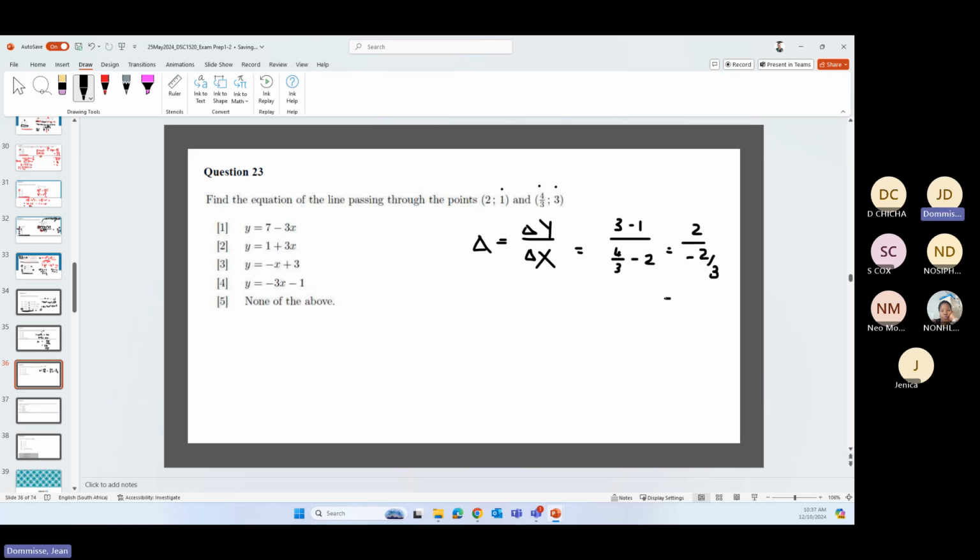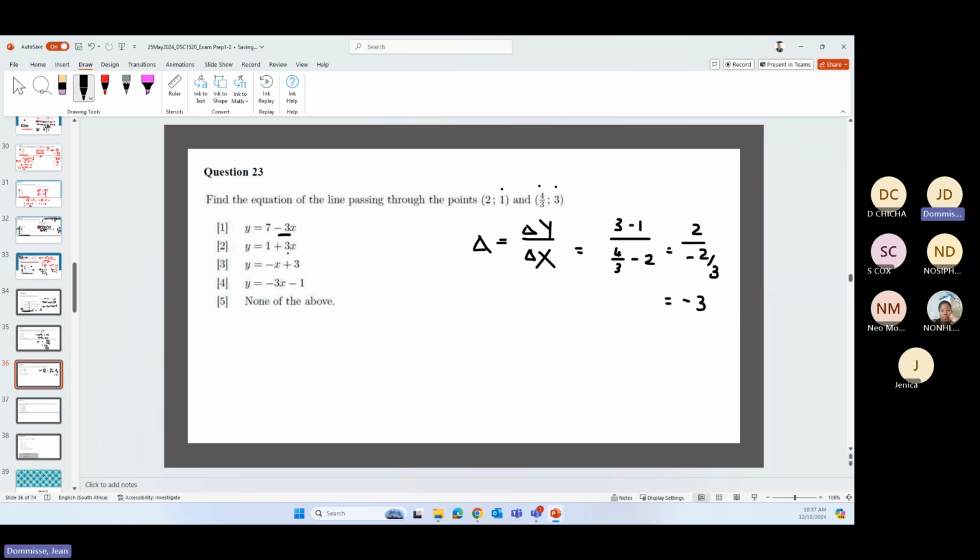Okay, so that's not a great thing to work with. So again, I'm not even going to try and be clever here. What is 2 divided by 2 over 3? If I work that out, I get my slope as minus 3. Okay, so now I know my slope is minus 3.